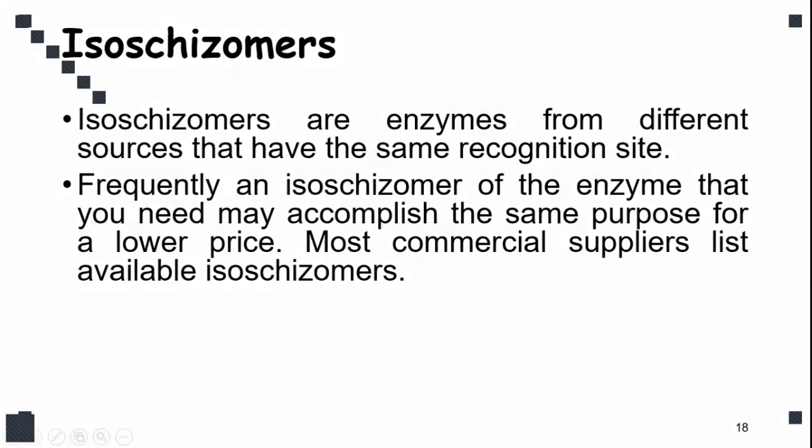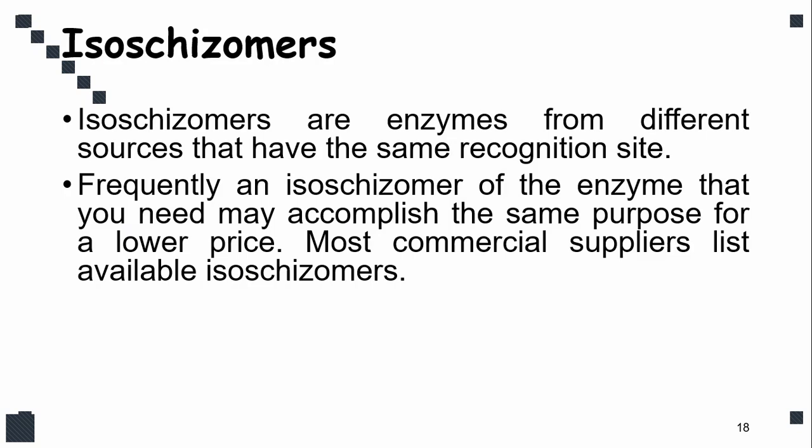Now, the other story that we need to know about restriction enzymes that recognize sequences and cut DNA or nucleic acid into pieces is the fact that there are what we call isoschizomers. Isoschizomers are enzymes from different sources that recognize the same site. You remember we mentioned that there are about 400 enzymes recognizing over 100 sequences, and I told you it's because more than one enzyme can recognize the same sequence.